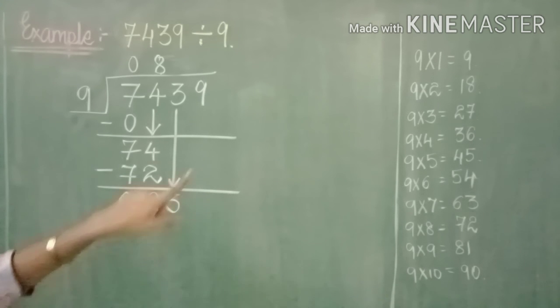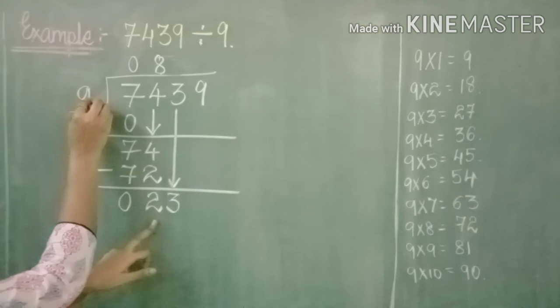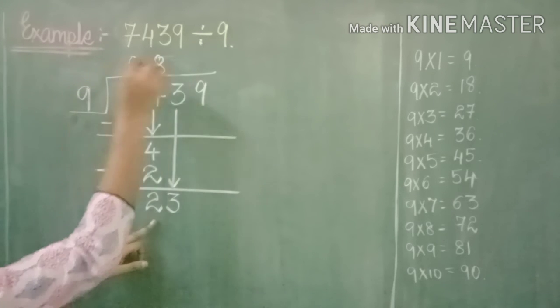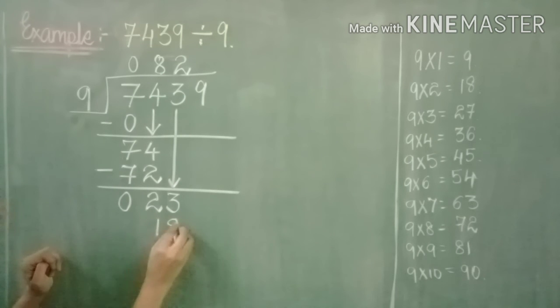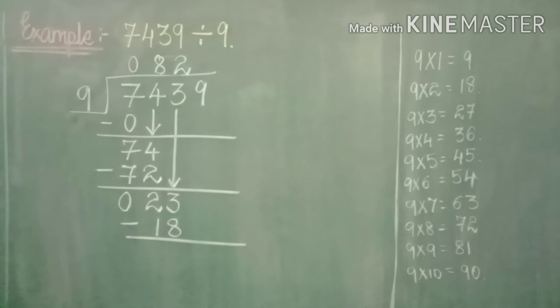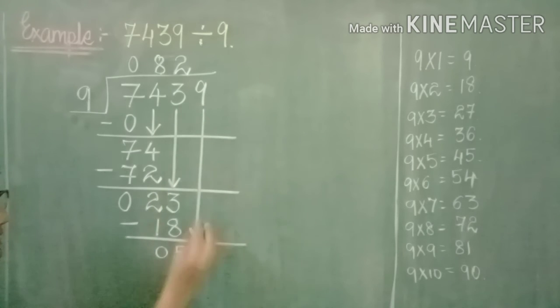Now we know that 9 2s is 18 and 23 can get minused with 18. So we will be writing 9 2s, 18, minus. Okay, this can be done mentally directly. 23 minus 18 is 5. Right? Now the next number we are going to take is 9. 59.